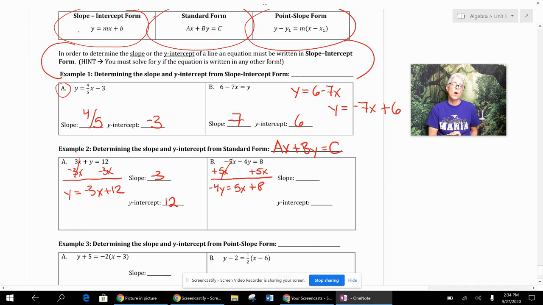So I'm going to divide straight across by negative 4 to get rid of that negative 4. So now y is by itself. The slope is a negative 5 over 4x. And a positive 8 divided by negative 4 is a negative 2. So our slope is negative 5 over 4, and our y-intercept is negative 2. So far, pretty easy.